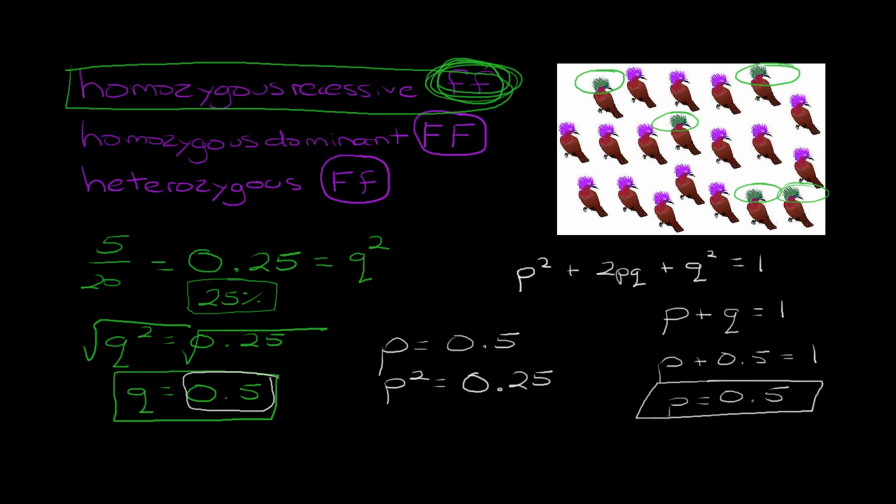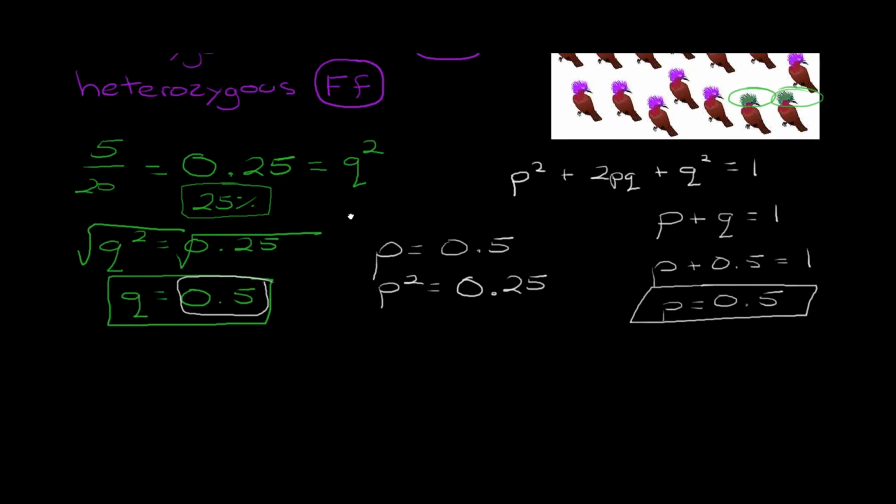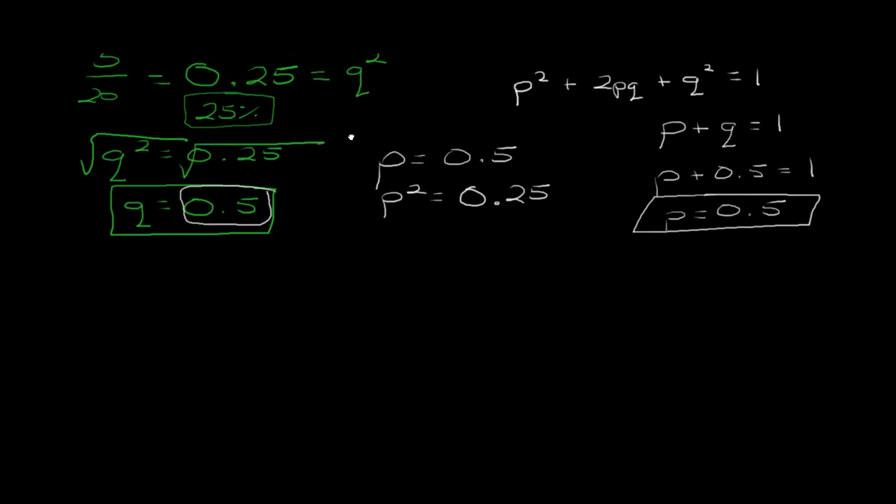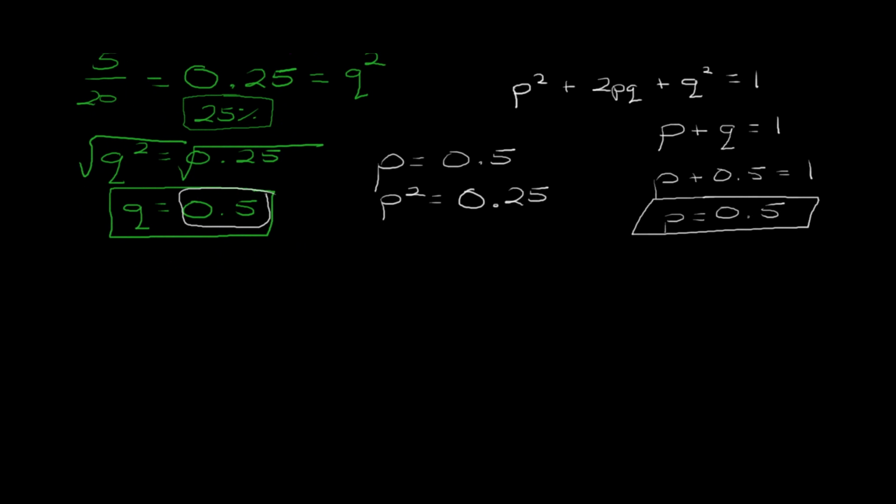I'm going to move this up a little bit so we have some room. Okay, so what do we know? Let's rewrite all of this. We know that P squared equals 0.25.